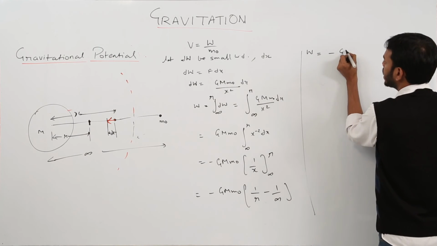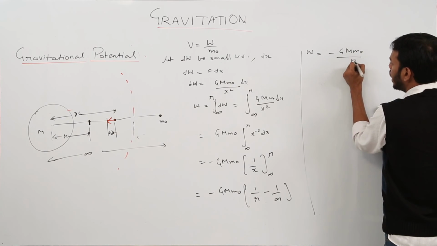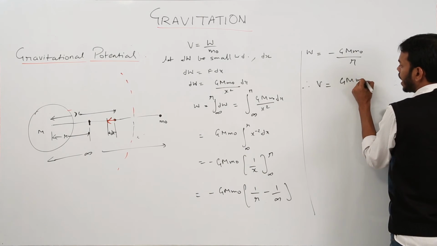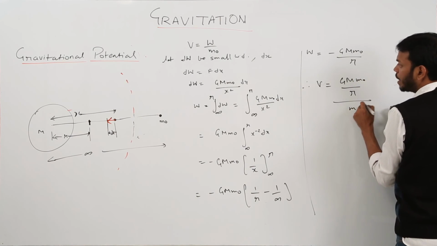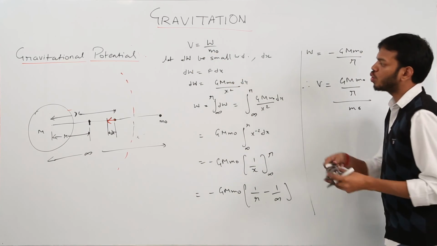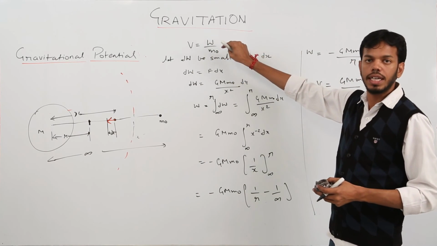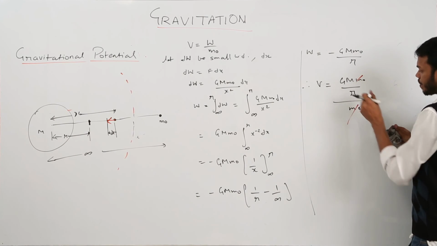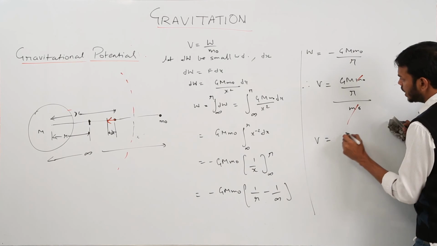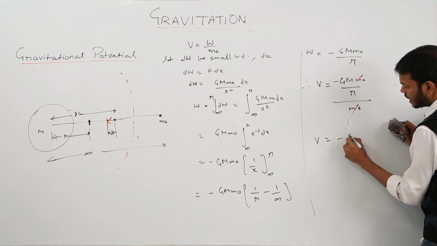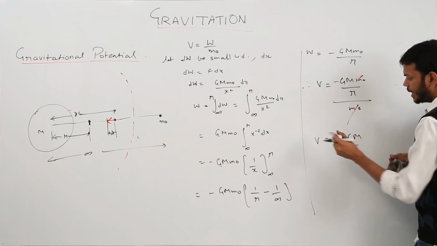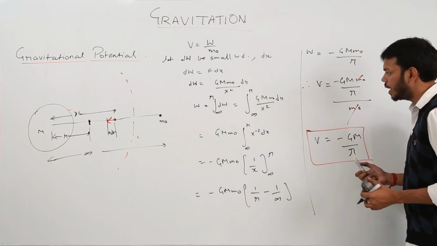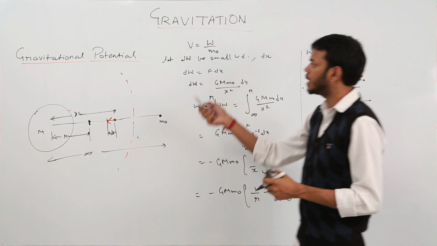Total work done becomes minus G M m0 over r, and therefore gravitational potential becomes that divided by m0, total work done per unit mass. You can cancel out these two terms and you are left with gravitational potential V equals minus GM over r. This is the formula for gravitational potential at any point at distance r from the body of mass M in its gravitational field.